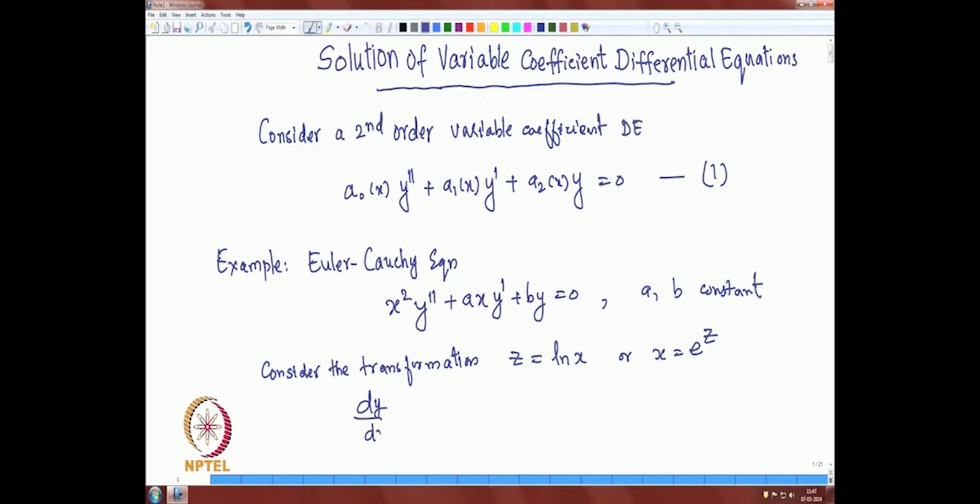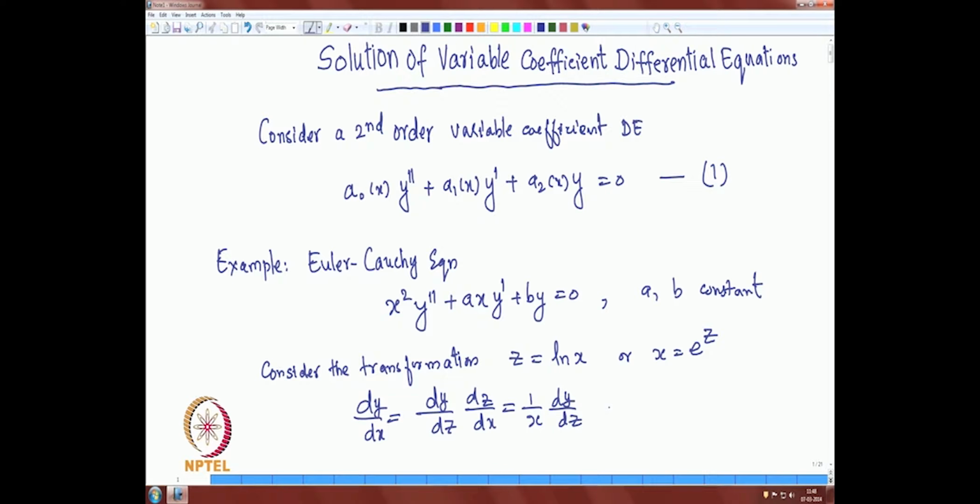By the chain rule, dy by dx is dy by dz into dz by dx. Since z is ln x, dz by dx is 1 by x, so dy by dx is 1 by x times dy by dz. Therefore, differentiating a function with respect to x is equivalent to multiplying by 1 by x and taking the derivative of the function with respect to z. That becomes a rule.